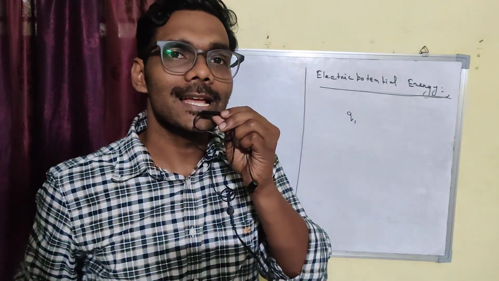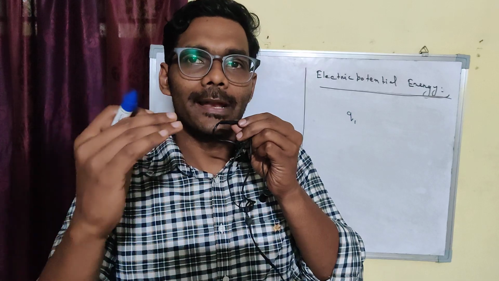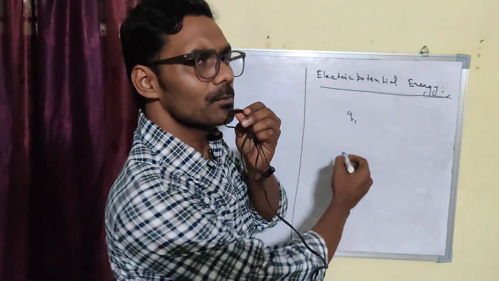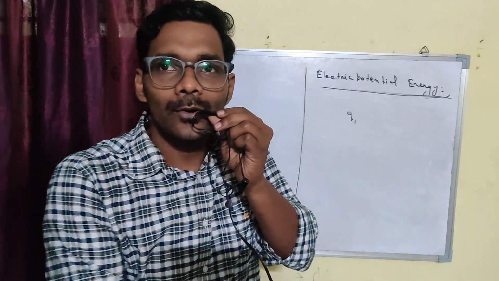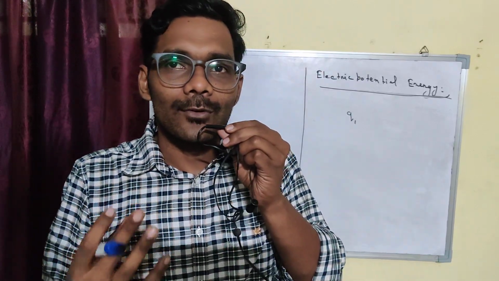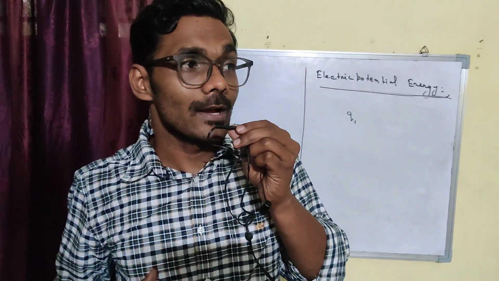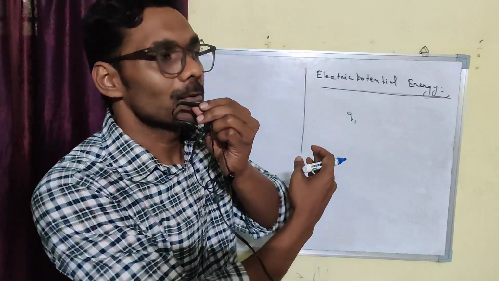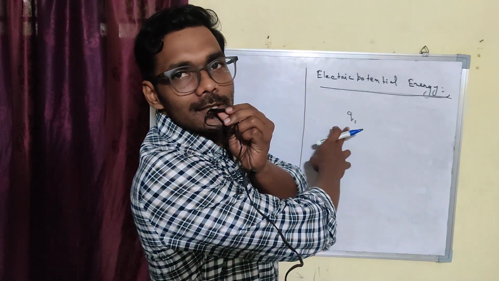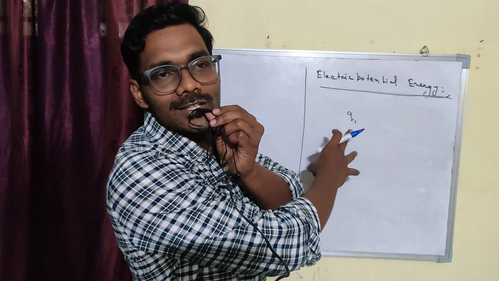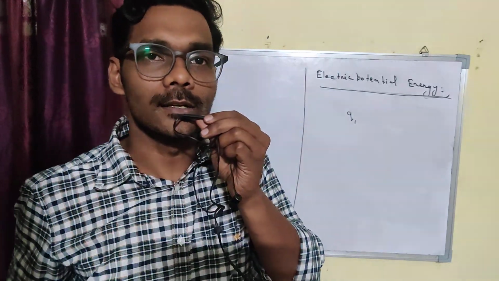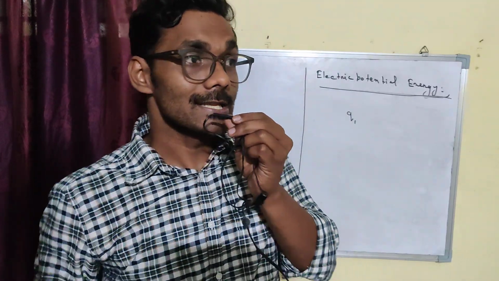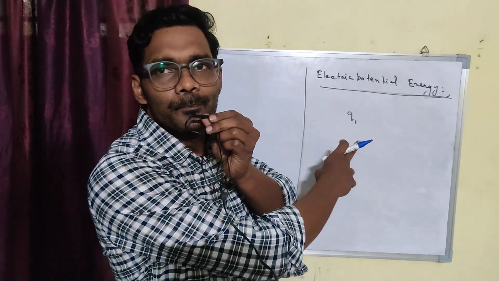If I take that Q1 charge from infinity to this point, I don't have to do any work, because no other charge is there, no electric force is there, right? So I don't have to do any type of work. We bring this test charge from infinity to the given point, no work done. So potential energy is also zero.